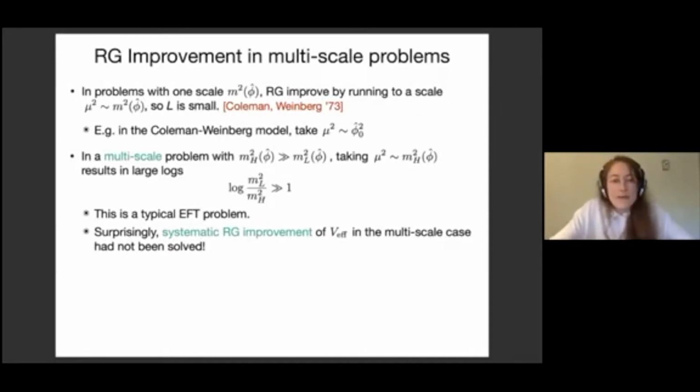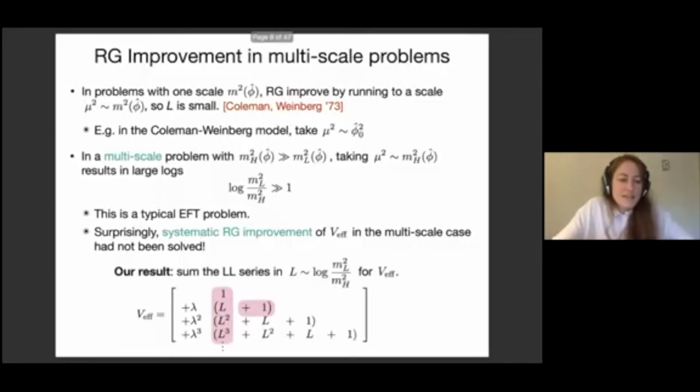And maybe somewhat surprisingly, at least surprisingly to us, this problem hadn't been systematically solved. So what I mean is that the systematic renormalization group improvement of the effective potential in such a multi-scale case had not been completely solved. And so this is what we set out to do.